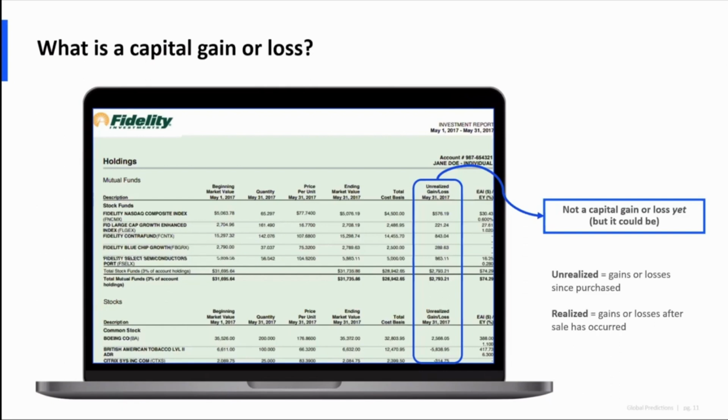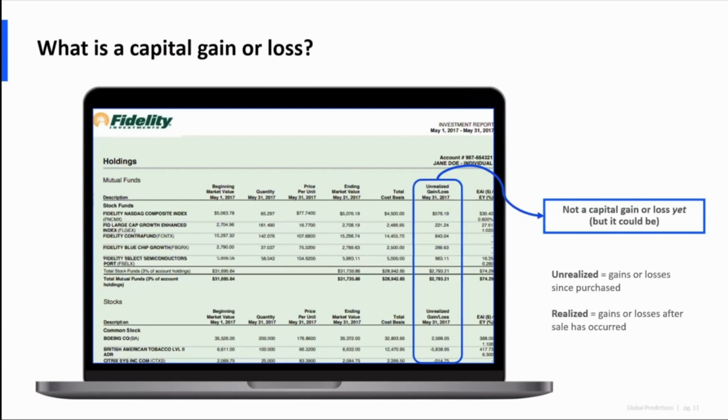Now, on some of the securities you might have paid taxes, which is a separate matter, on things like dividends that they've kicked off, or if they're fixed income securities, maybe interest payments. But the fact that you have investments currently in your account that have appreciated or depreciated in value does not mean that you are currently paying capital gains at all.